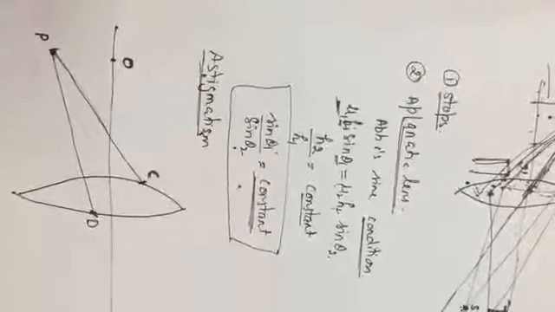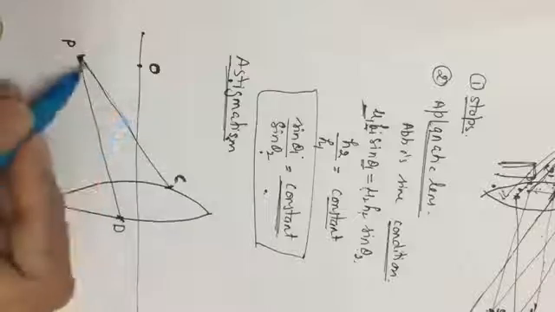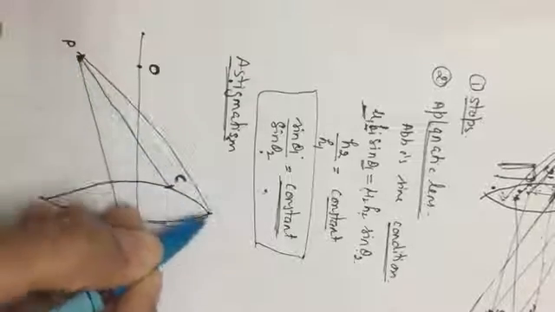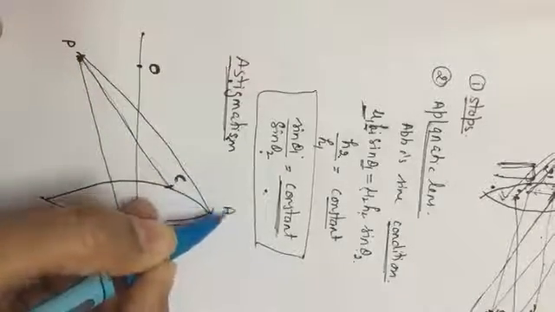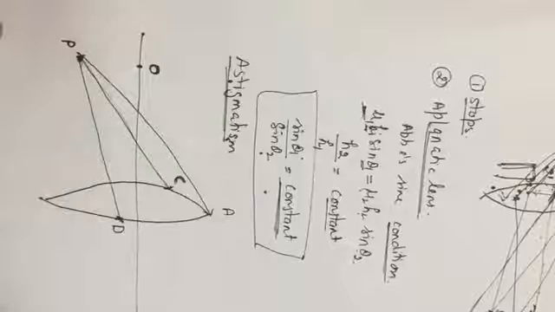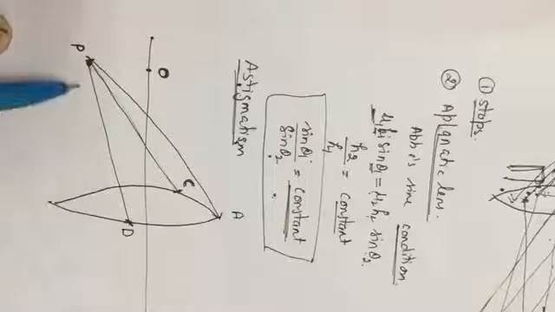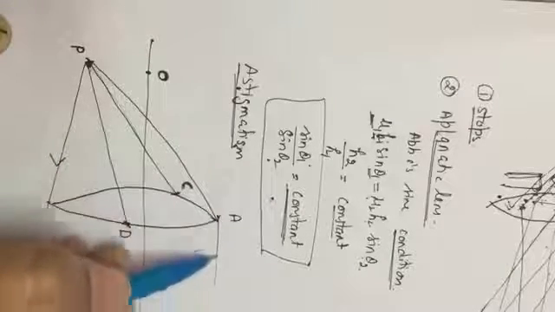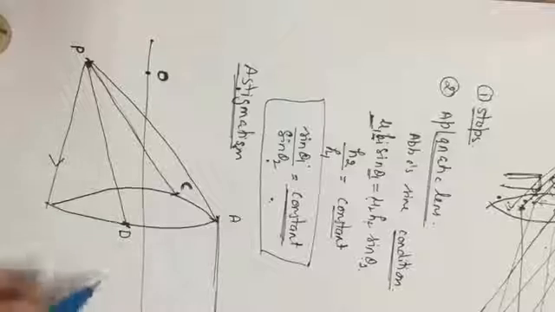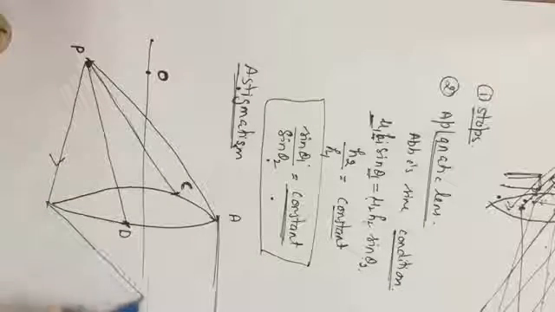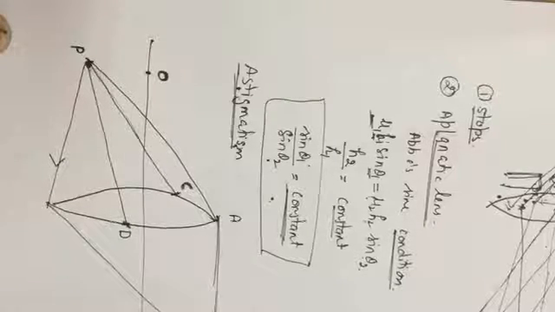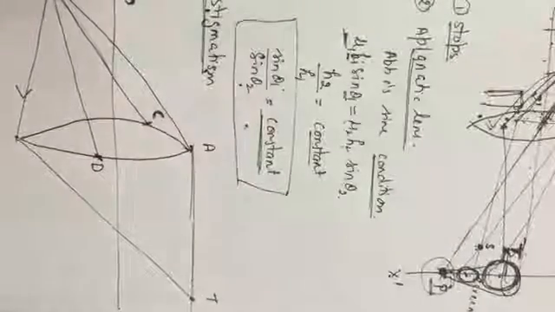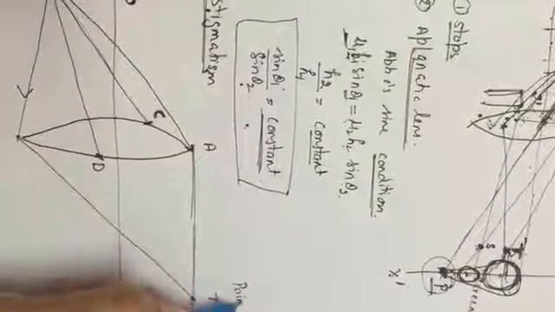Let us consider the light from point P is moving to the corner of the lens at point A, and another ray is coming at point B, and we know that these two rays will meet at point T, and we will get a point image.